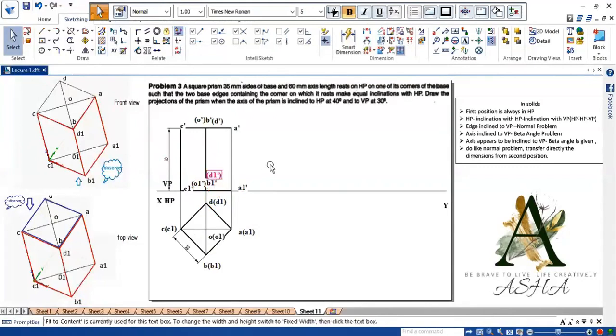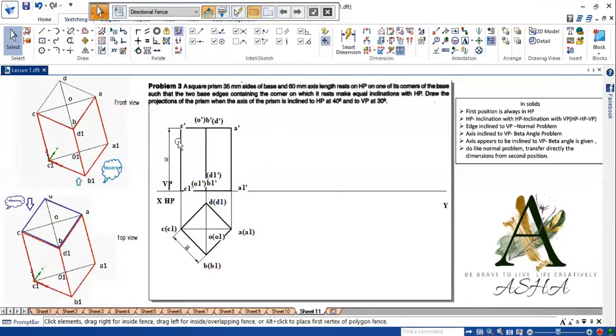Now the first position has been completed. For the second position, he says that the axis of the prism is inclined to HP at 40 degrees. Even if you incline AA1 or the axis line, both are parallel to each other, so both will have the same inclination. So select the second position.